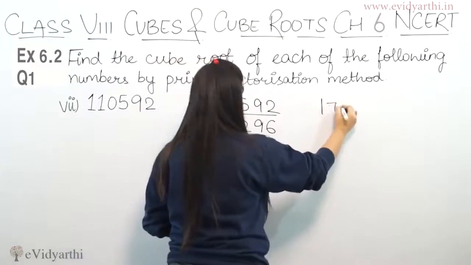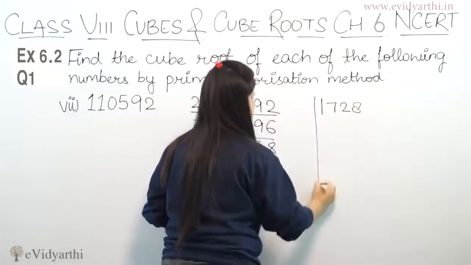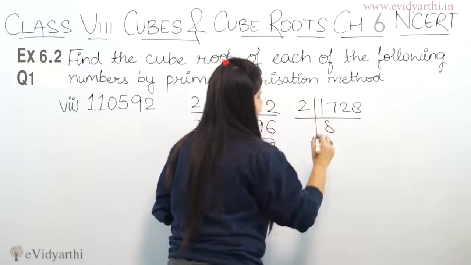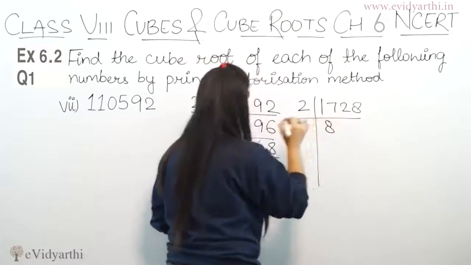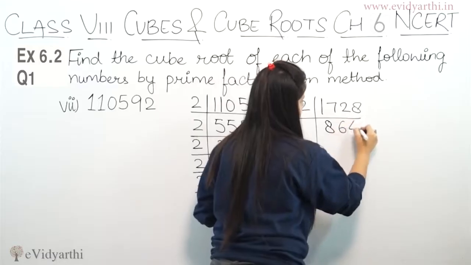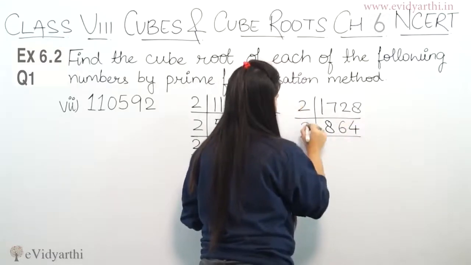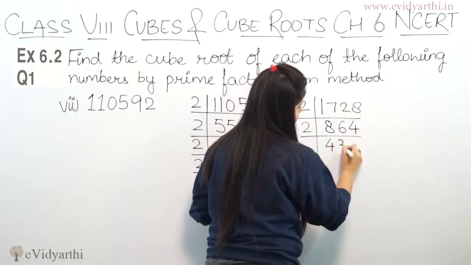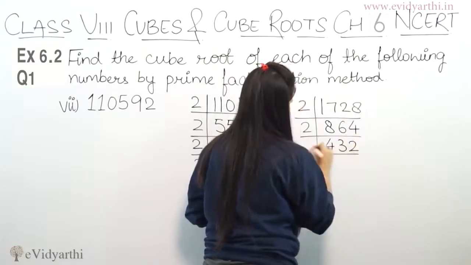Now we have 1728. 2 से करेंगे, we will get 864. Again with 2, 432.